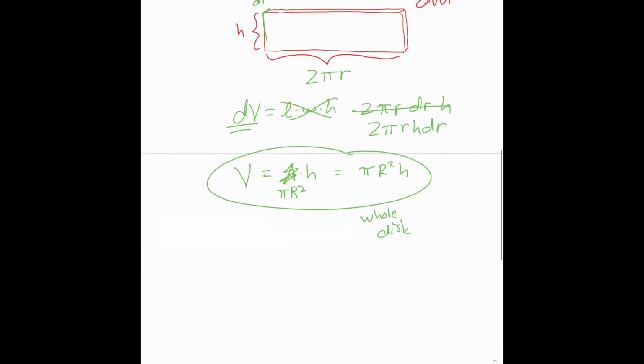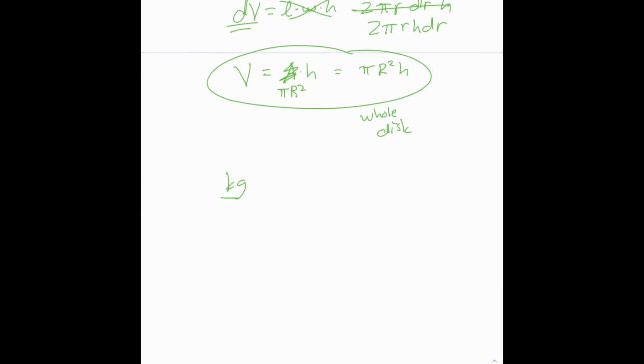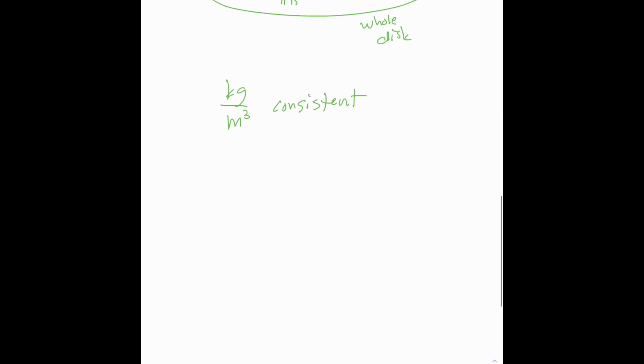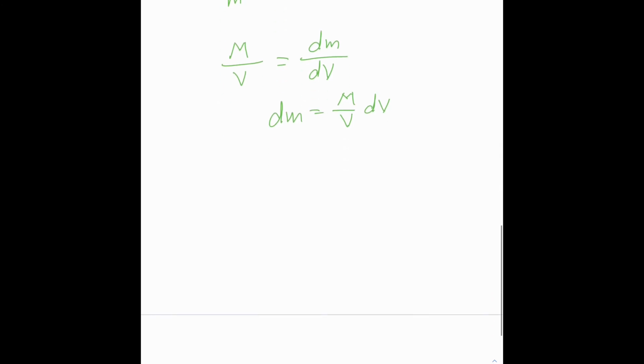And so if the density is uniform, the amount of kilograms per cubic meter is consistent throughout. So that means the mass of the whole disk divided by its total volume is the same thing as the mass of the little ring divided by its fractional volume, or dm is capital M over capital V times dV. So there's the substitution we'll make.